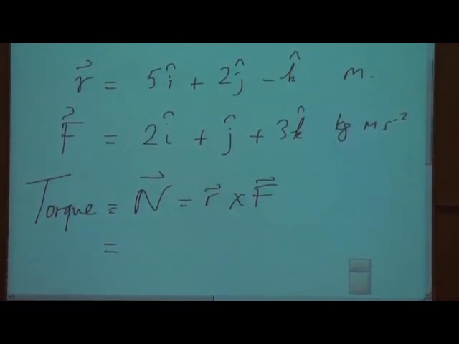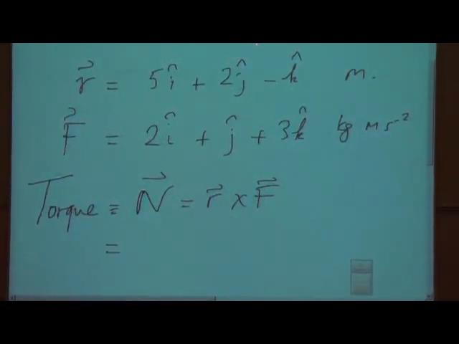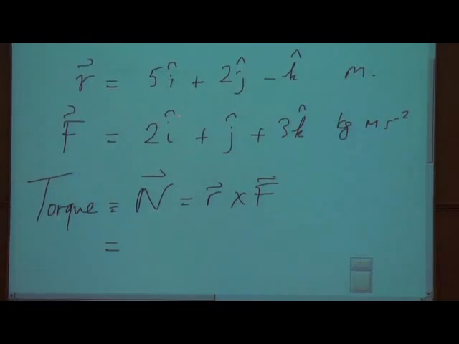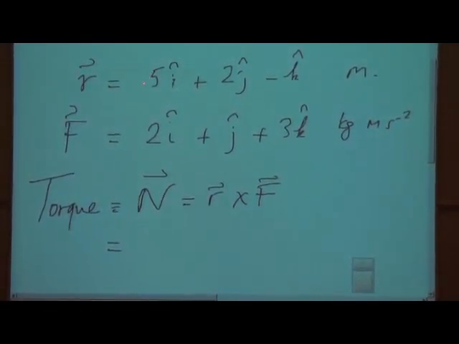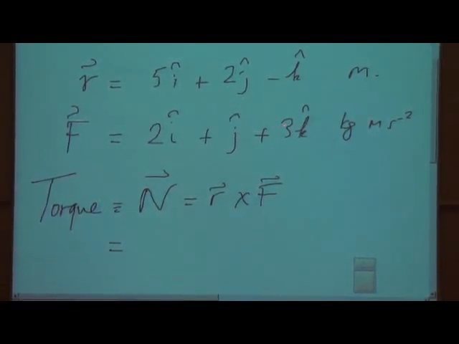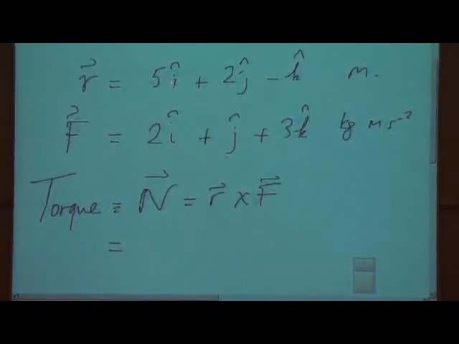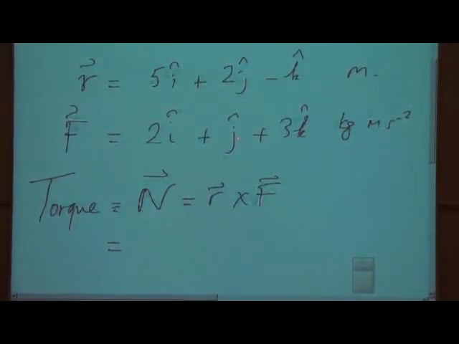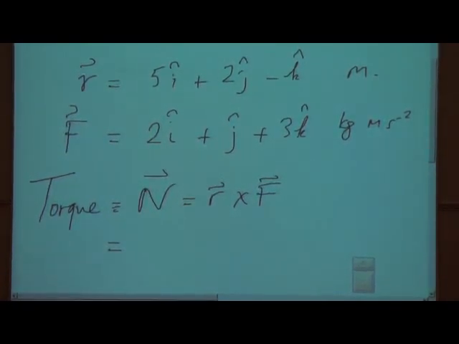And now you have to help me. Okay, first term is this. I do it term by term. 5I cross 2I equals 0. 5I cross J, 5K. Okay, so an I and a J gave me a 5K. Let me do again a J and an I. 2J cross 2I, minus 4K.